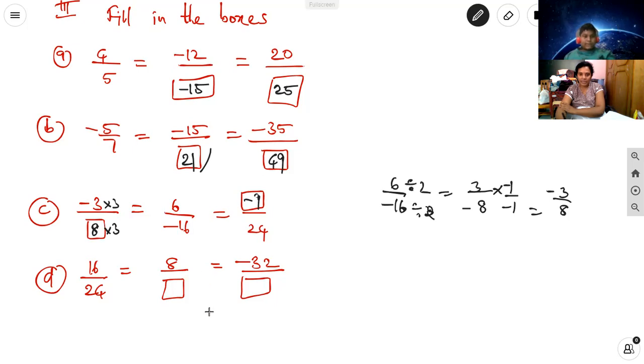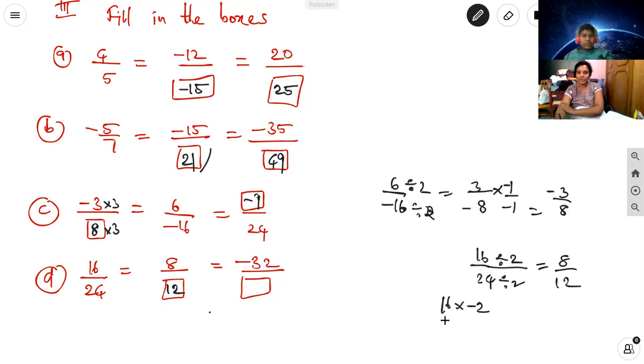Okay. In the same case, here 16 and 24. These two are even numbers in the 2 table. If divided by 2, 2 8s are 16, 2 12s are 24. So here 8 is there, and clearly it is 12. Then here the negative is there. 16 how much is 32? 16 twos are 32.